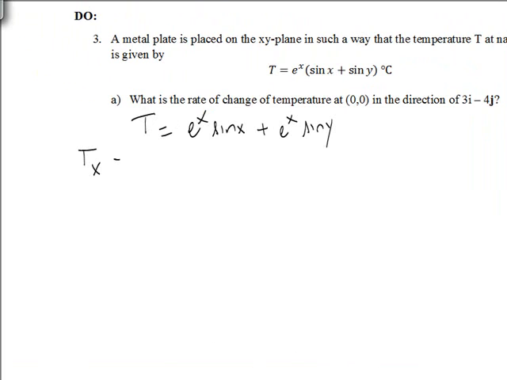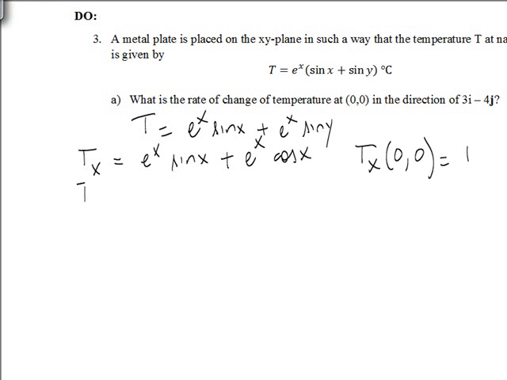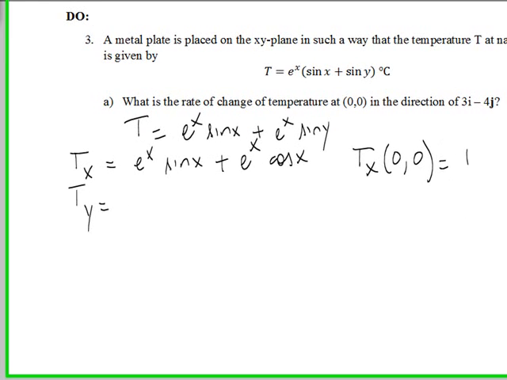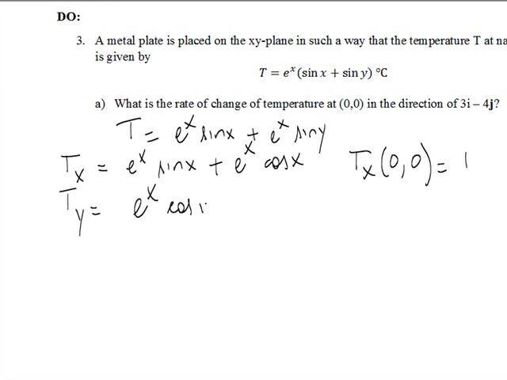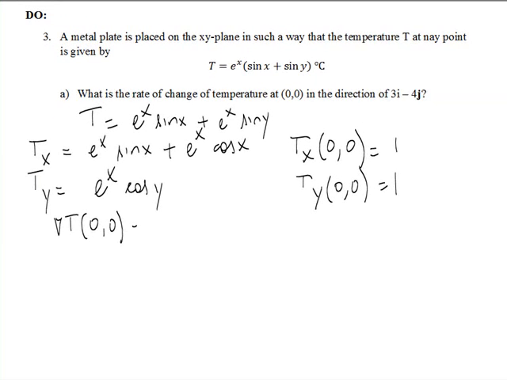The partial with respect to x, you have to treat as a product rule: e to the x sine x plus e to the x cosine x, which at 0, 0 is 1. The partial with respect to y is e to the x cosine y, which at 0, 0 is 1. So the gradient at 0, 0 is 1, 1.